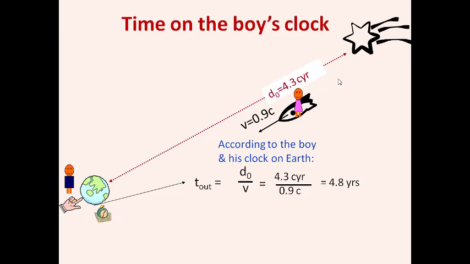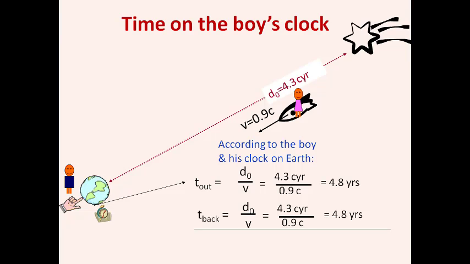Then she tries to come back to Earth. By the same calculation, the time taken to return is again 4.8 years. So according to the boy's clock on Earth, it takes at least 9.6 years for his twin sister to reach Alpha Centauri and come back.